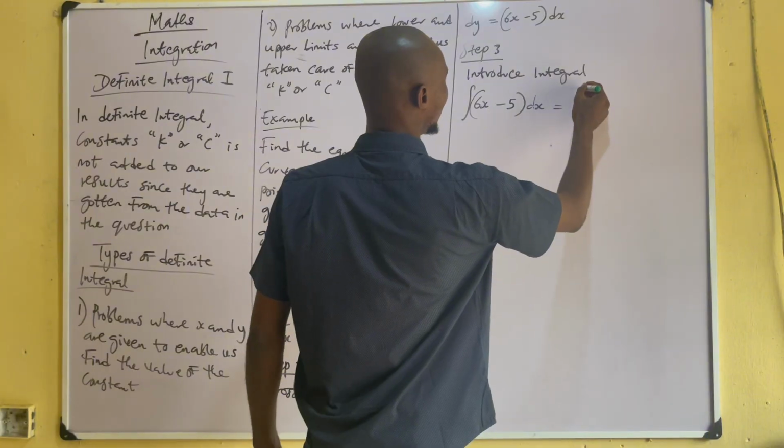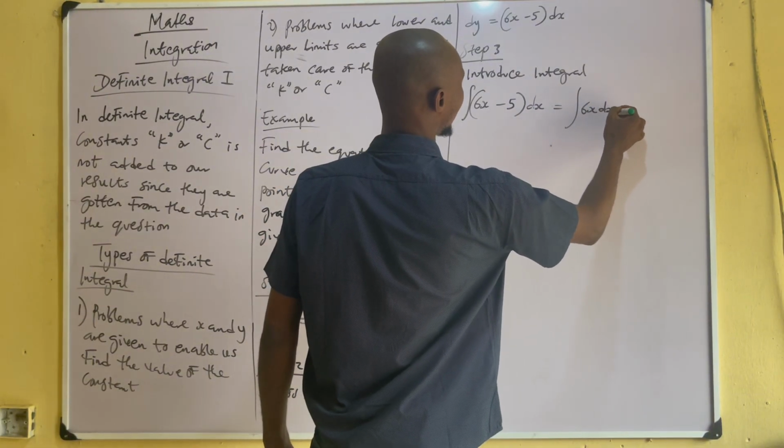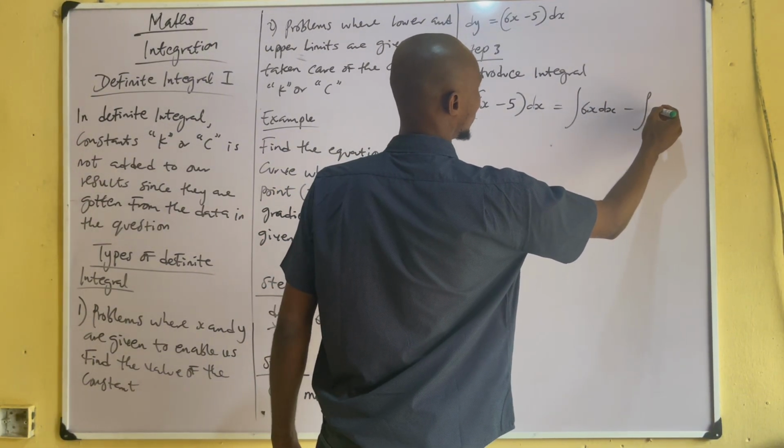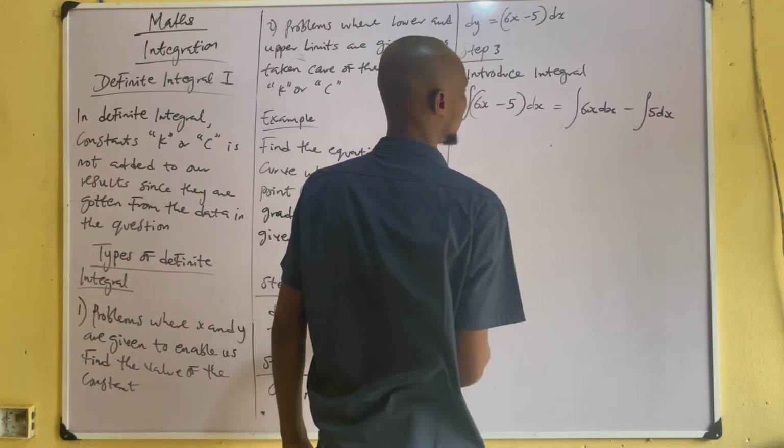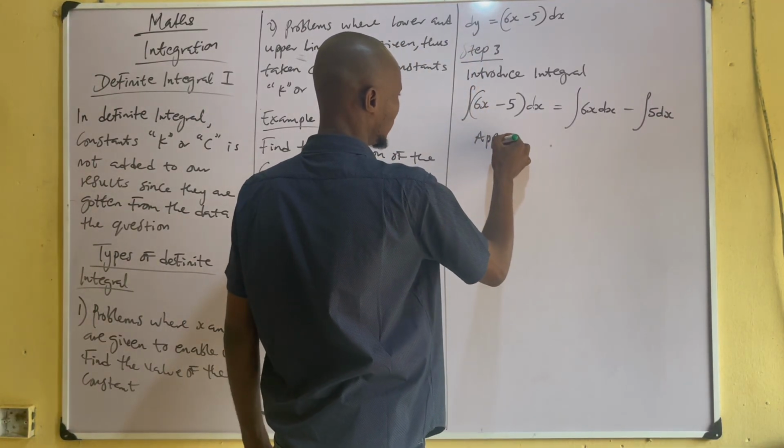So this will give you integral 6x dx minus integral 5 dx. Now you say applying the formula.